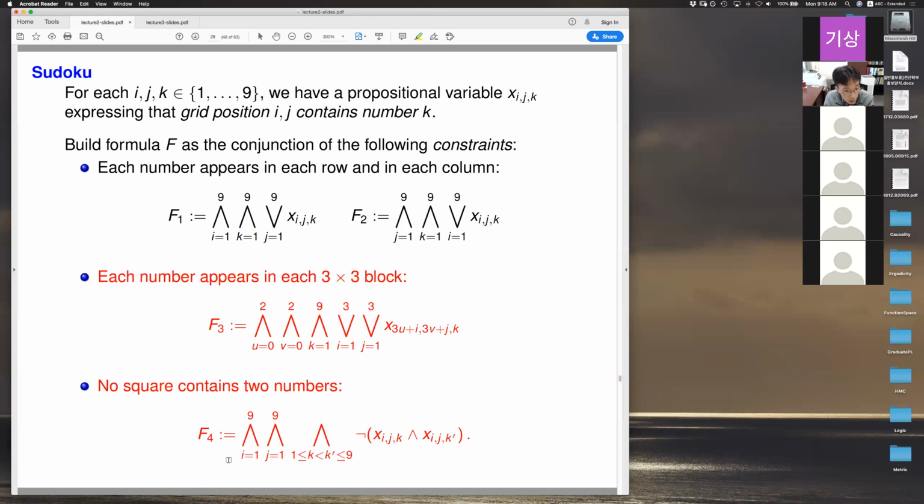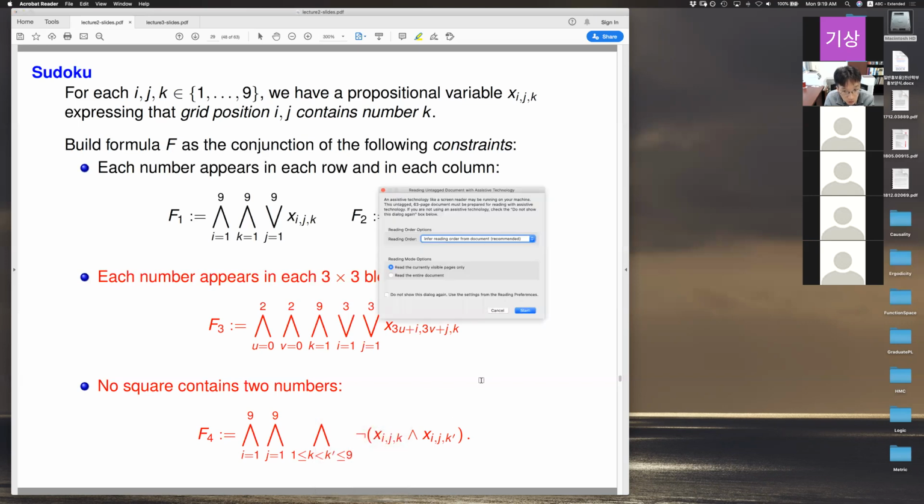And then the last property said for every row, every column, which means every entry in this 9 by 9 grid, it's never the case that this entry will contain two different numbers K and K prime.